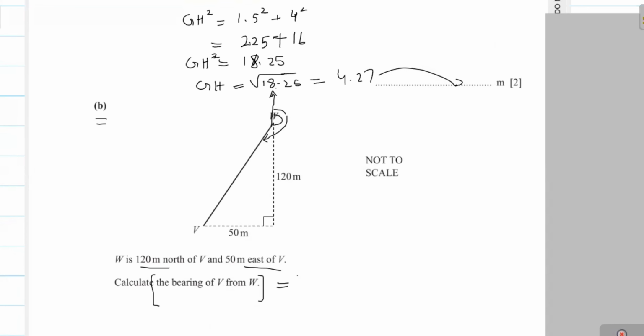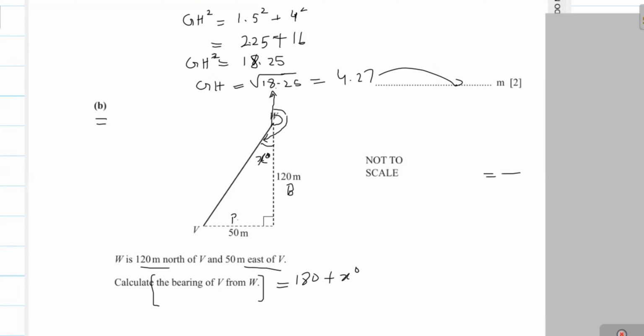Now we will calculate x degrees. Look here, this is a right angle triangle. This is called the perpendicular side, and this is the base. The side opposite to the angle is called the perpendicular, and the side adjacent to the angle is called the base.